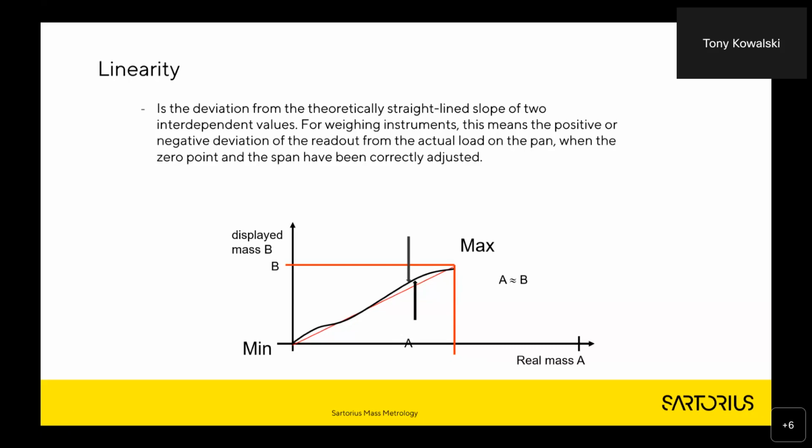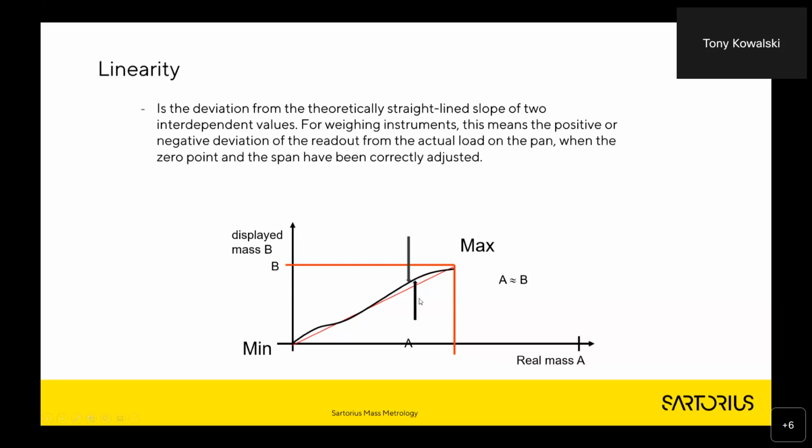If we look at this on a mass comparator, it doesn't matter, because what we're interested in is how much difference there is between A and B. And both have the same amount of linearity error. So when we're only looking for a very small difference between A and B, they both have the same linearity error, because in such a small difference between the reference weight and the test weight, you won't notice the linearity error.